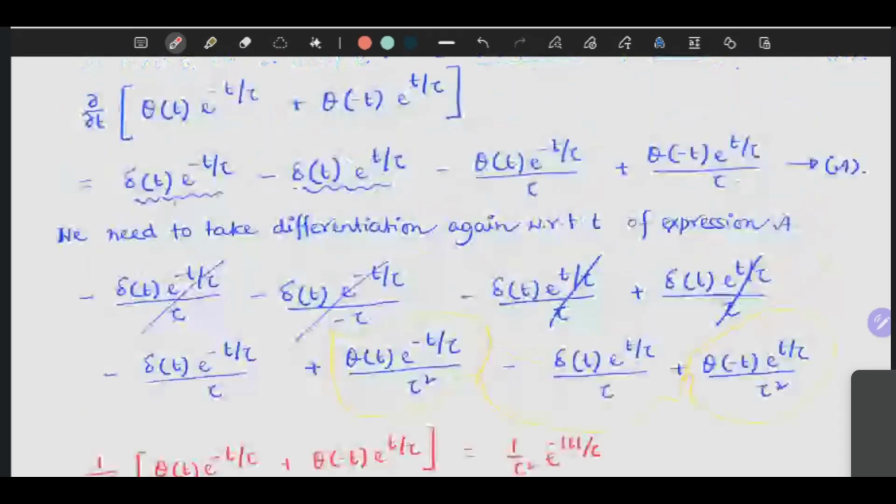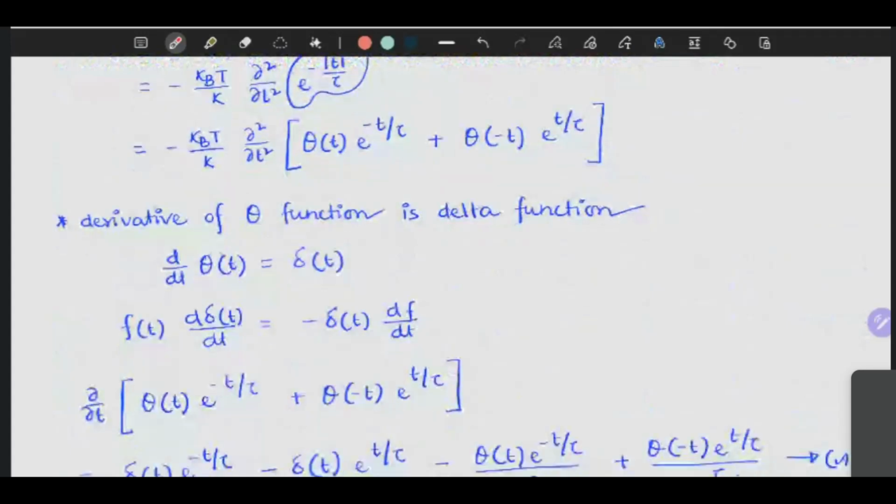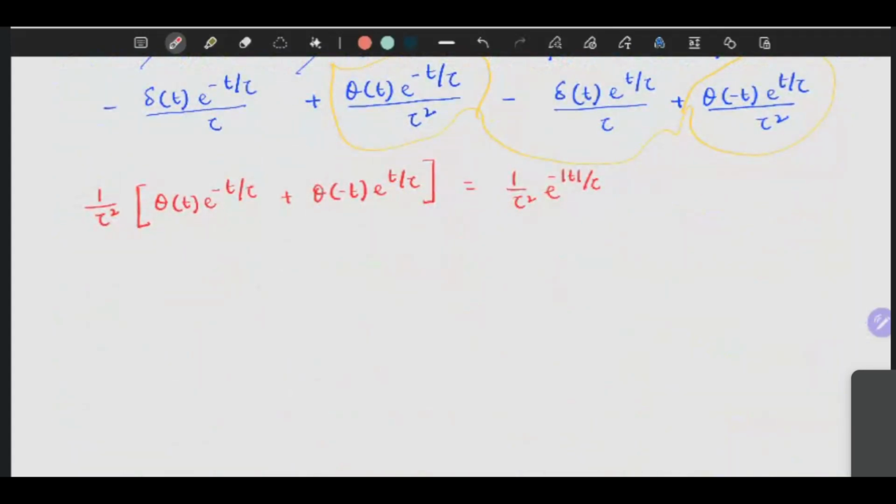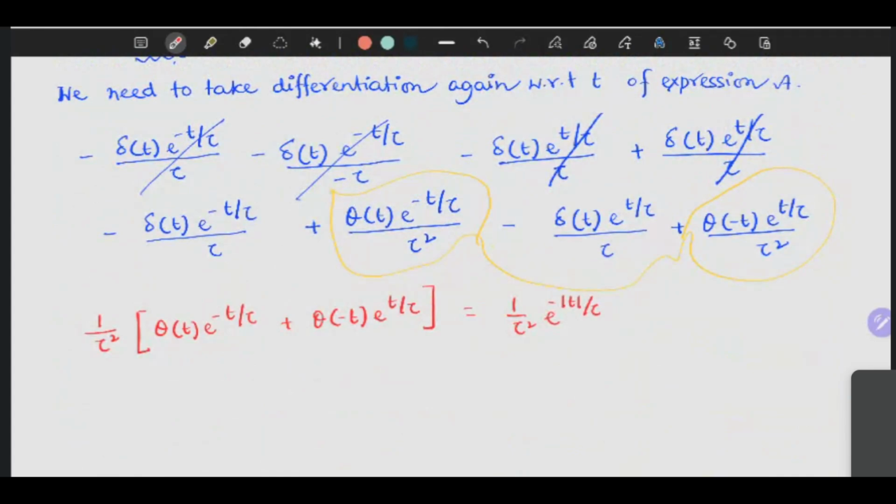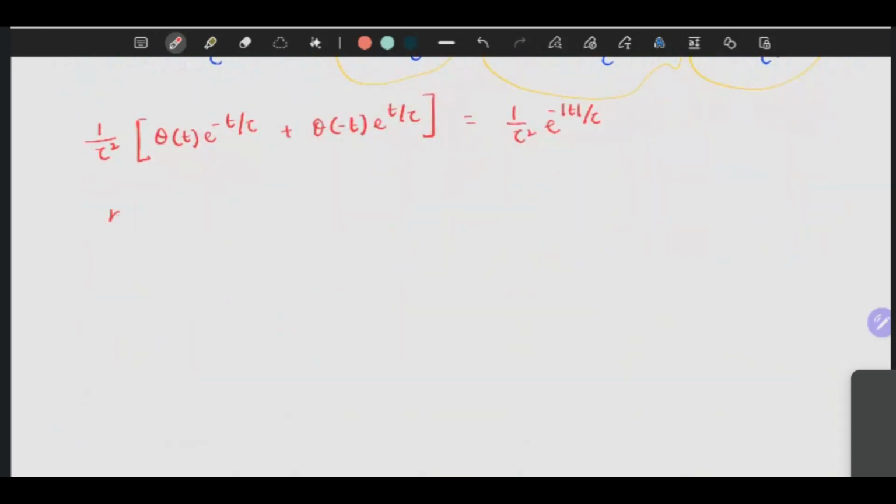So if you substitute this, there will be 1 by tau square, so one term will be from here kbt by k minus into 1 by tau square, that makes minus kbt by k. 1 by tau means k by gamma into 1 by tau, that makes it kbt by gamma, which is minus d by tau. From this term there will be one term, minus d by tau e to the power minus t by tau.